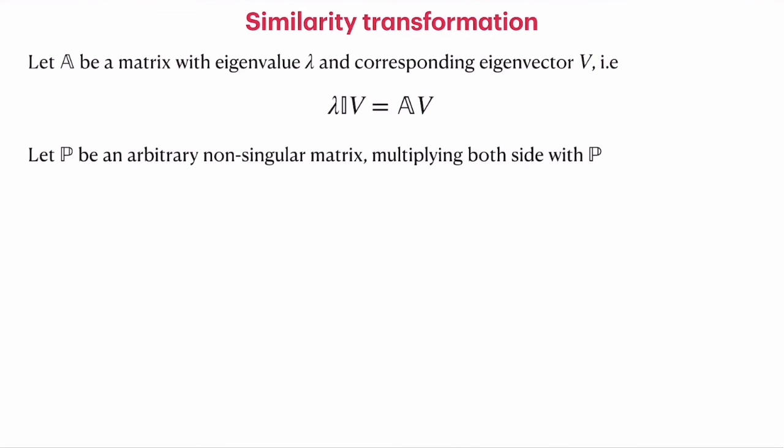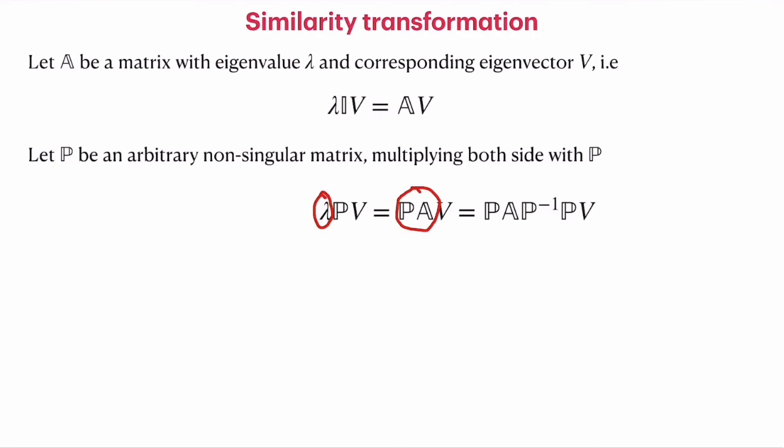Let P be an arbitrary non-singular matrix. We multiply it on both sides. Okay, so this can be flipped. This is a simple number, so the identity matrix with P gives you P only, and then vector V remains the same. On this side, we have multiplied P into A from the left side.